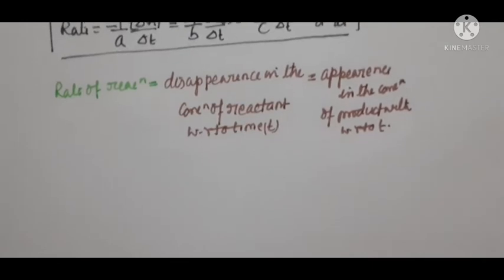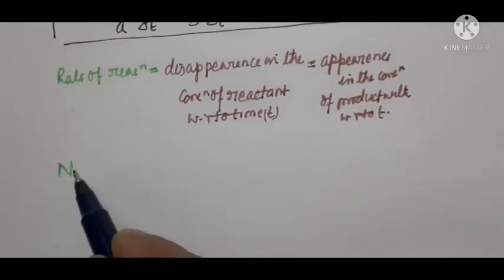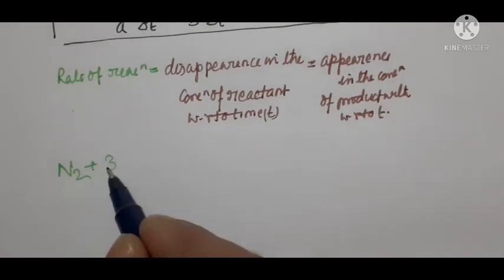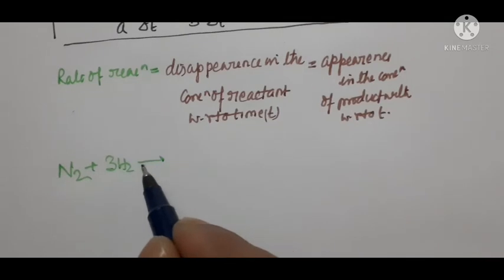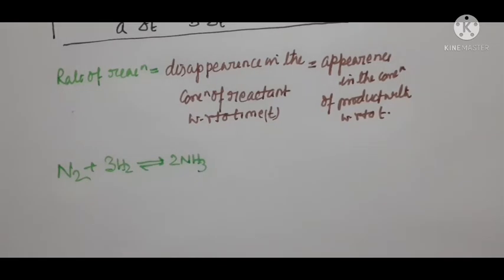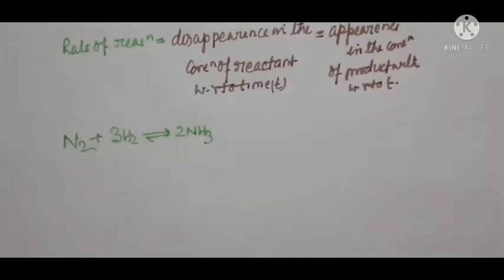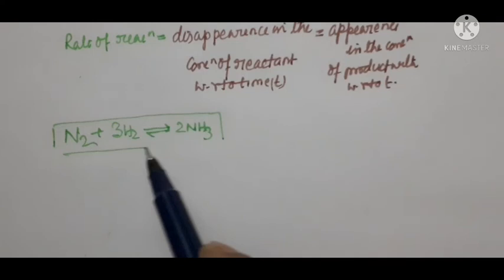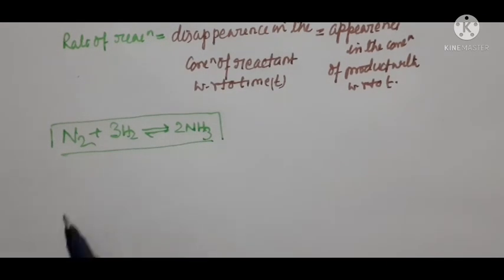First example is N2 plus 3H2 reversible 2NH3. That is, N2 plus 3 molecules of hydrogen reversible 2 molecules of ammonia. This is the reaction, and for this reaction we will have to write the rate of reaction.